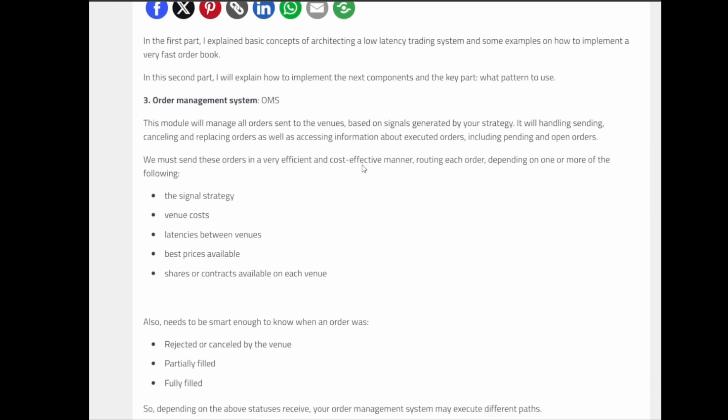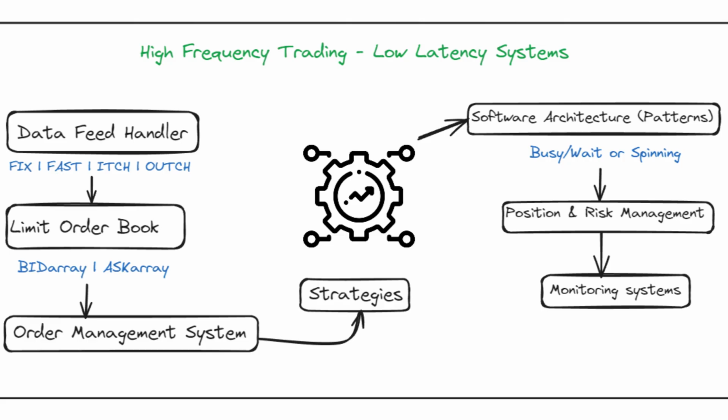Just to give you a brief idea of what we have already discussed: different components of HFT system design. We started with the data feed handler, one of the components that takes in the data and passes it along according to our requirements.